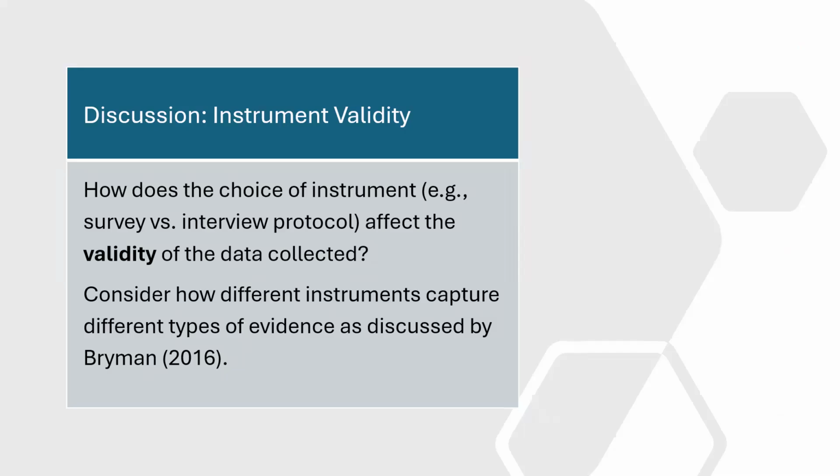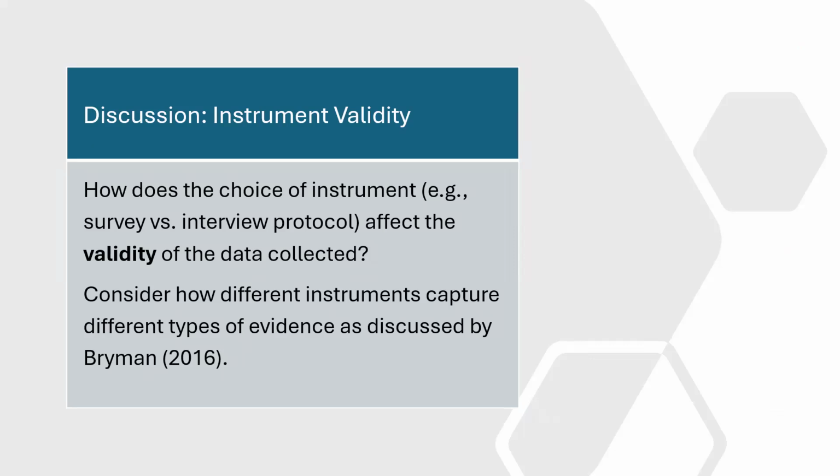So this is the discussion about instrument validity. How does the choice of instrument affect the validity of data collected? Consider how different instruments capture different types of evidence, as discussed by Bryant. Actually, validity is not one thing.